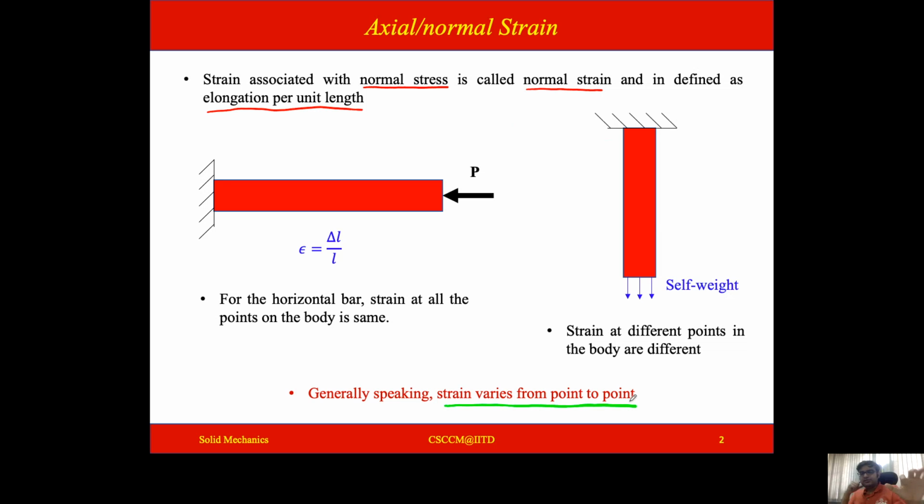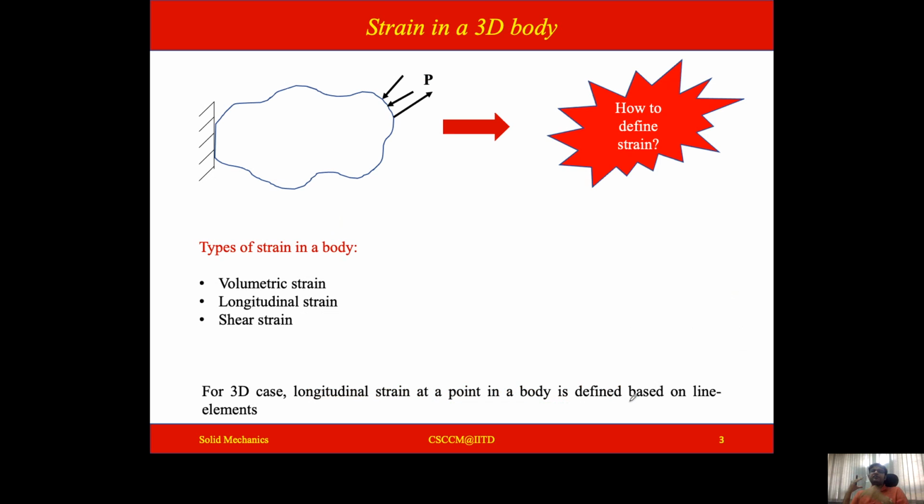But now whatever we discussed were very basic, and it was for a particular bar. This is a bar, so this was for a bar structure. But in 3D, a structure can be of arbitrary shape.